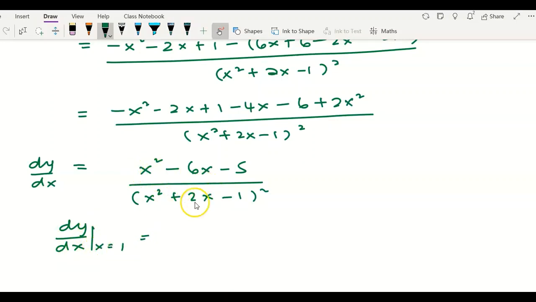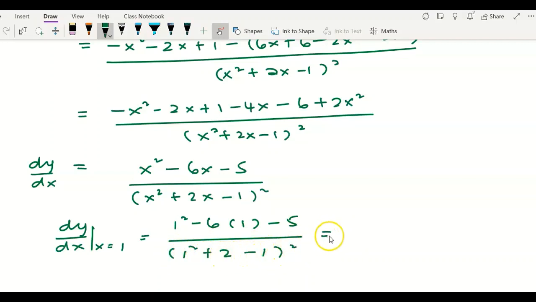Substitute x equals 1 into our answer of dy/dx. I got 1 squared minus 6 multiplied by 1 minus 5, over 1 squared plus 2 minus 1, squared. So you have negative 11 plus 1, negative 10, over 1 plus 2 minus 1, which is 2 squared, 4. So the answer is negative 5 over 2.